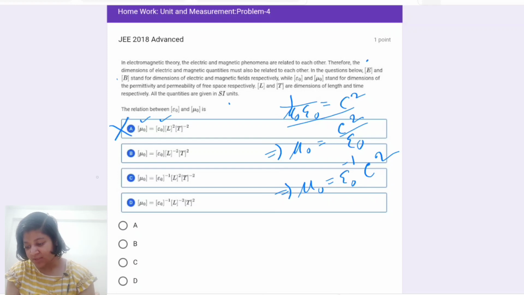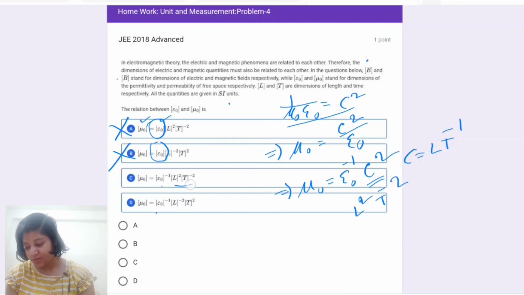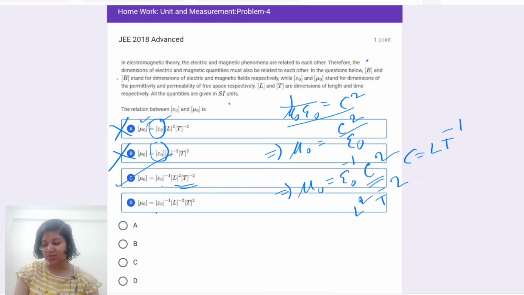So this option cancels out, this option cancels out because they do not have epsilon 0 inverse. We are left with these two options. Now C square, C is the dimension of velocity, therefore L t to the minus 1, and C square will have the dimension L square t to the minus 2. This option matches our description. So therefore this is the correct answer.